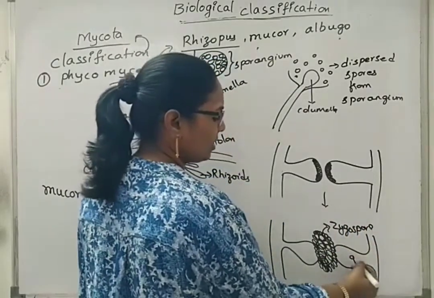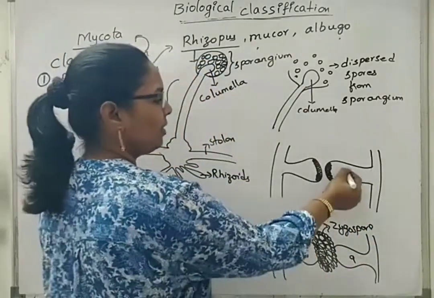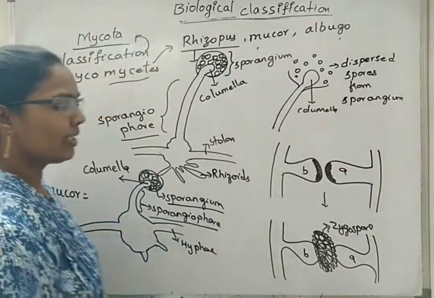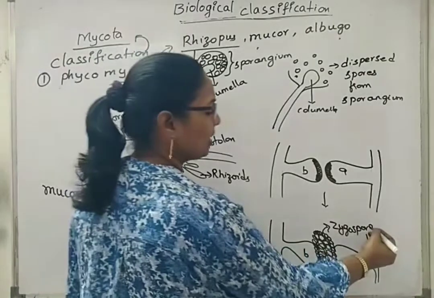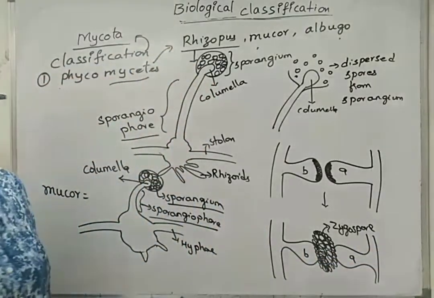Two different hyphae, A and B, fuse to exchange genetic material. The structure formed sexually is the zygospore in Rhizopus or Mucor.